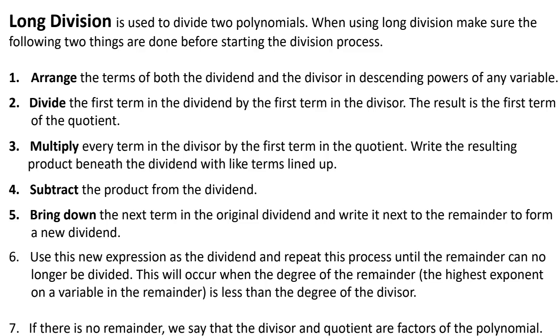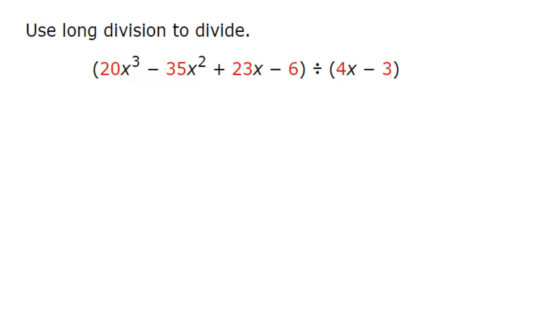When you do that, you put that number on top, which is part of your quotient. You subtract, and you follow the same process until you have no more terms to bring down. All right, the best way to see something like this is to look at a visual example of it.